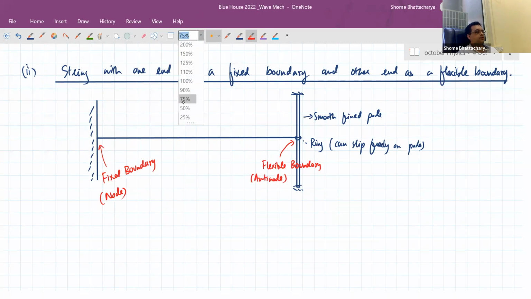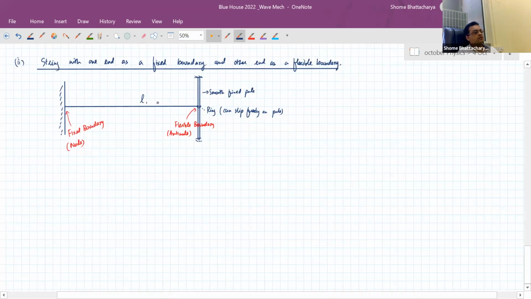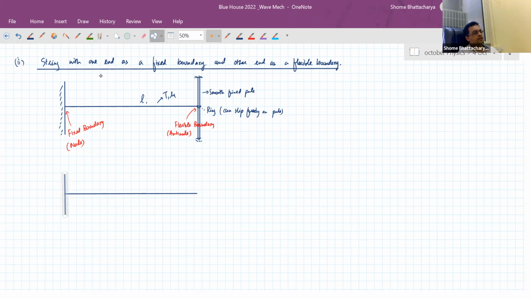So this string will have the property that anytime it is in vibration, it has to vibrate in a mode such that these two ends of the string are respectively node and anti-node. The fundamental mode will be one such that they are node and anti-node consecutively, so there's nothing else in between.